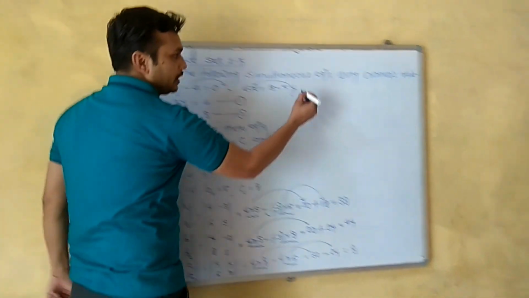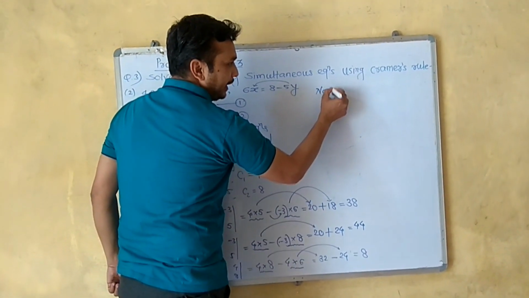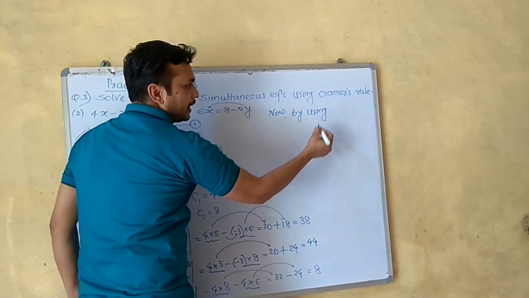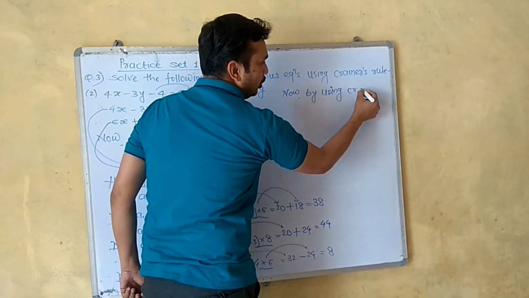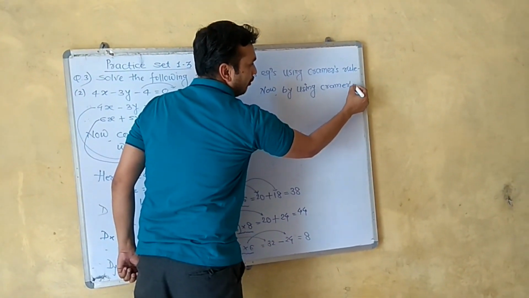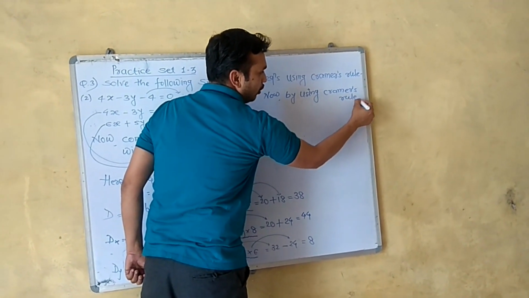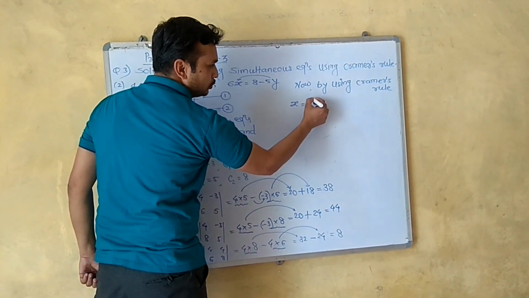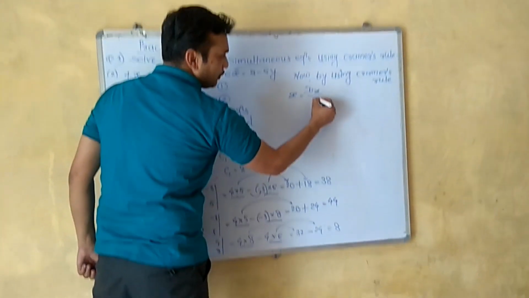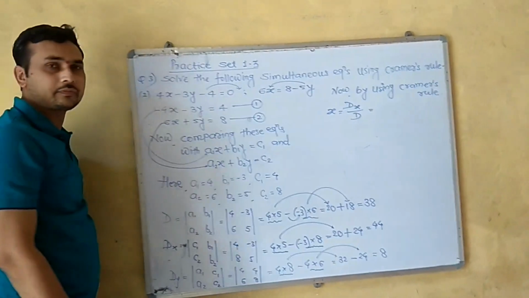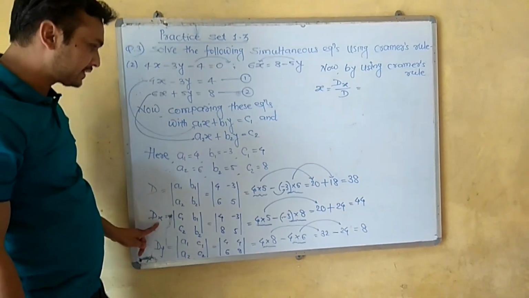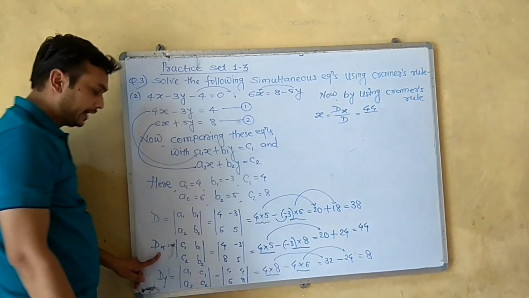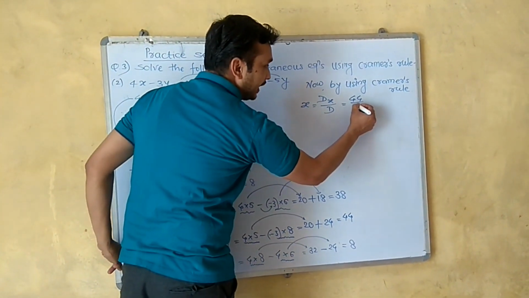Now, using Cramer's rule, x equals Dx upon D. What is the value of Dx? 44. So 44 upon D. D means 38.